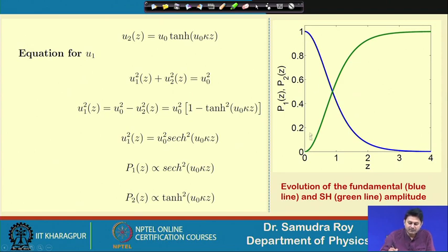At each point, if I sum these two, we will find that the sum gives a constant value. For example, here it is 1 and 0, so the sum is 1 plus 0, that is 1. At this point, both are 0.5 and 0.5, so if I add, it will again give 1.